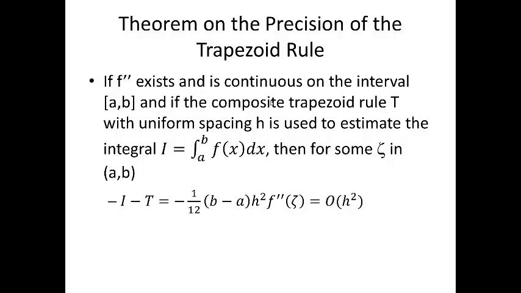Now, if f double prime exists and is continuous on the interval [a, b], and if the composite trapezoid rule T with uniform spacing h is used to estimate the integral I equal to the integral from a to b of f(x) dx, then for some zeta, or I guess any darn Greek letter you prefer, in the interval [a, b], I minus T is equal to minus 1/12 (b minus a) h squared f double prime of zeta, which is O of h squared. That is the error convergence.